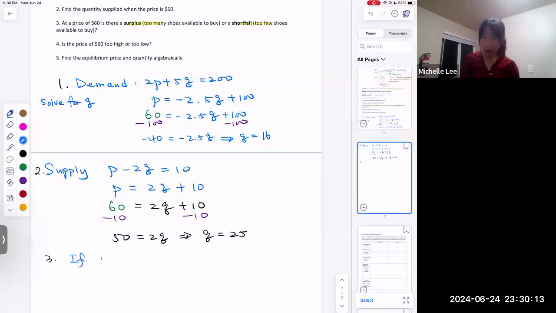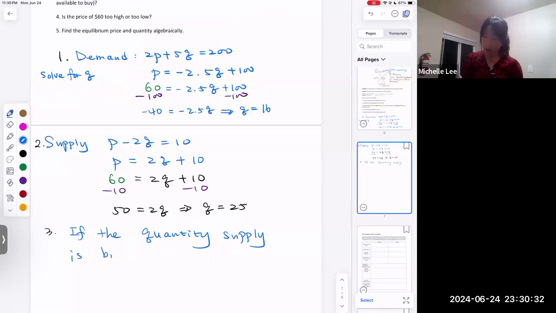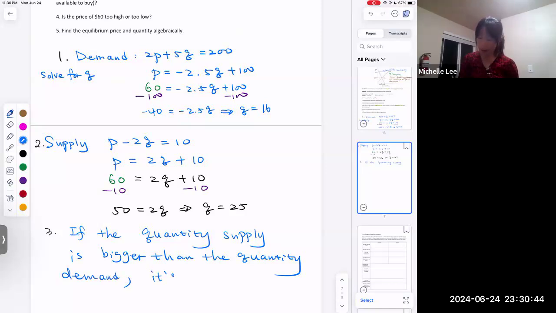So let's conclude, right? If the quantity supplied is bigger than the quantity demanded, it's a surplus, right?